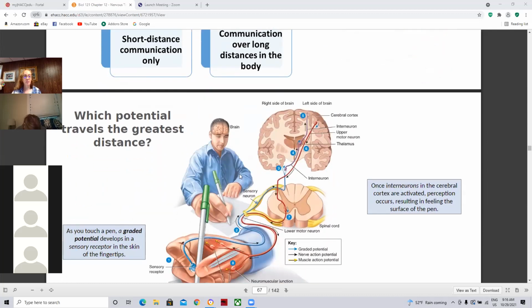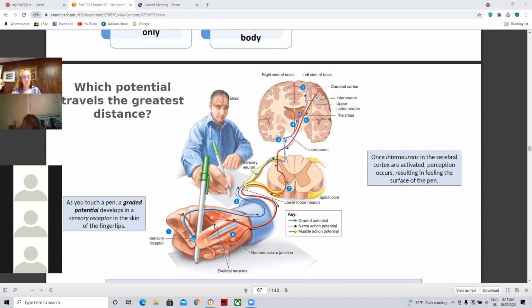Which potential travels the greatest distance? As you touch a pen, a graded potential develops in the sensory receptor in the skin of the fingertips. Once the interneurons in the cerebral cortex are activated, perception occurs, and you can feel the surface of the pen.